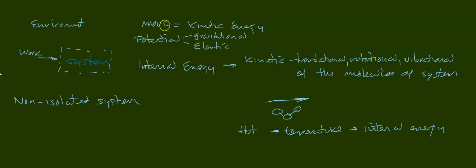Okay, so these three, kinetic, potential, and internal energy, belong to the system, and we can change this if the environment can change this, interacting through the boundary, which makes the system non-isolated.